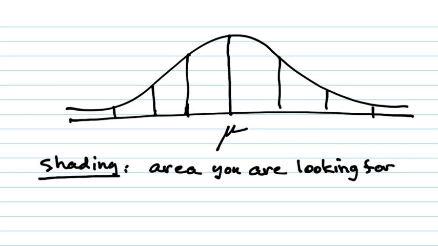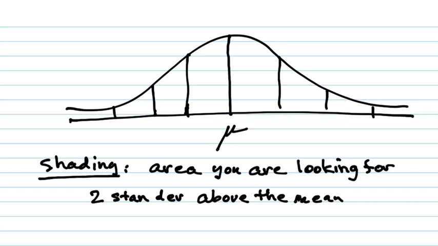So if I'm looking for 2 standard deviations above the mean, above the mean means that I'm going to be to the right or the left of that center line.